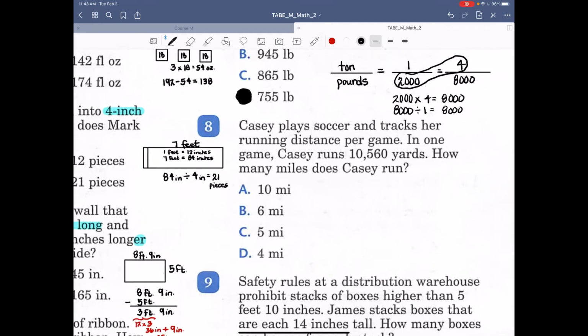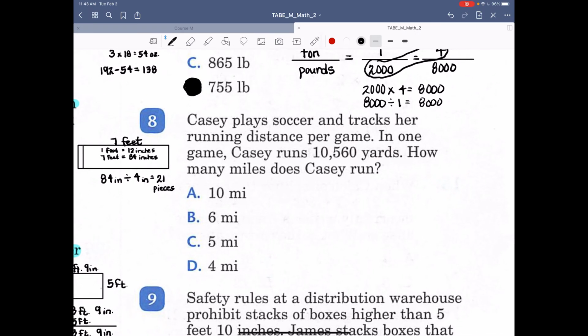Number 8. Casey plays soccer and tracks her running distance per game. In one game, Casey runs 10,560 yards. How many miles does Casey run? So this time I am converting yards into miles.